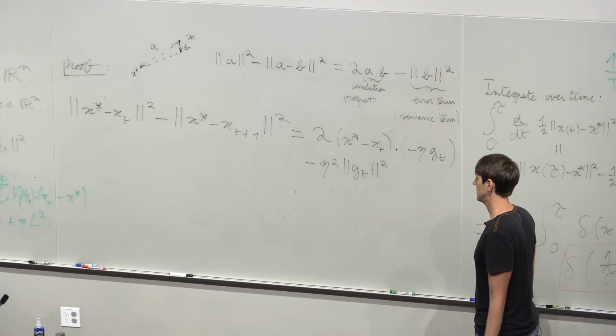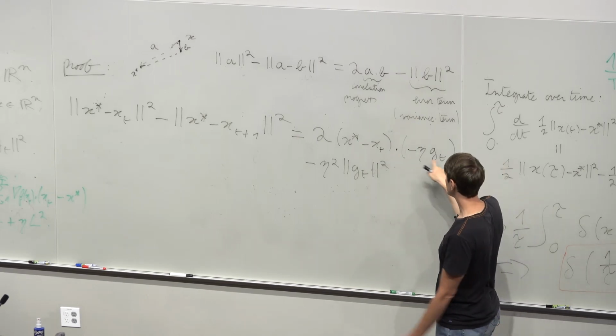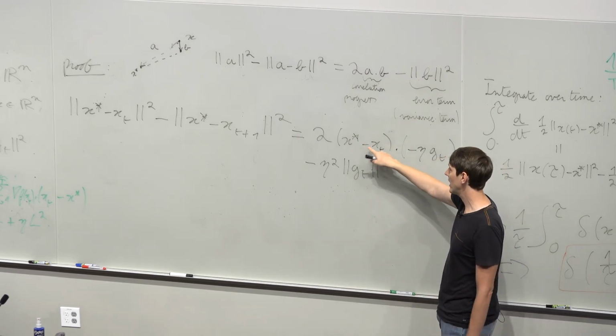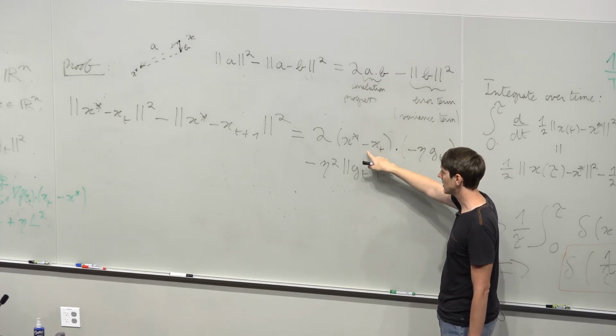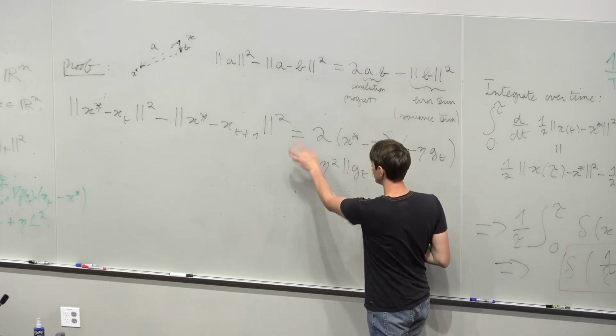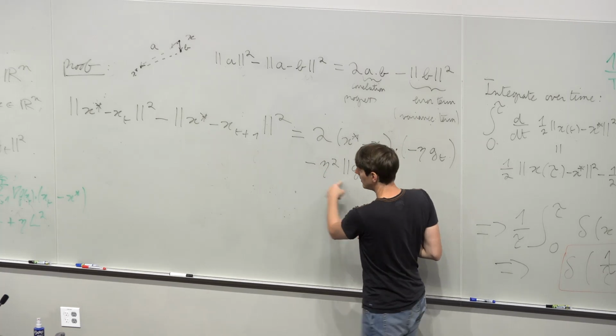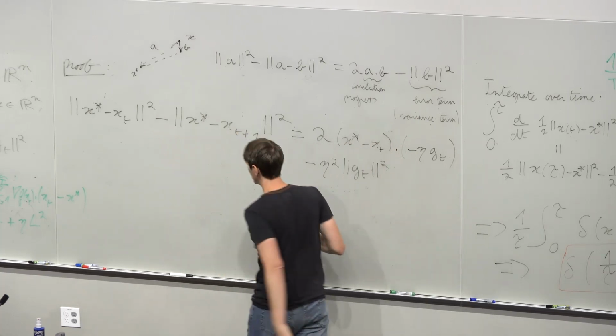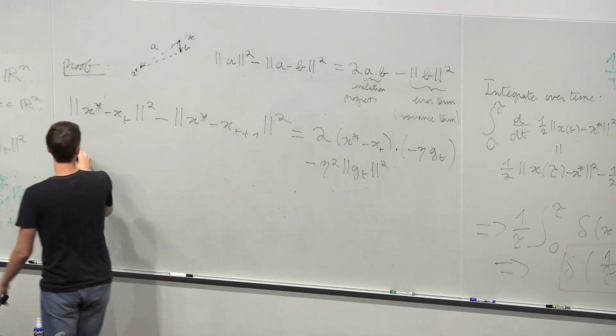Okay, I mean, that's it. Here we have the sum of the gt inner product with xt minus x star, which is going to be upper bounded by the sum of those terms, and we have the initial term. So let me rewrite it.